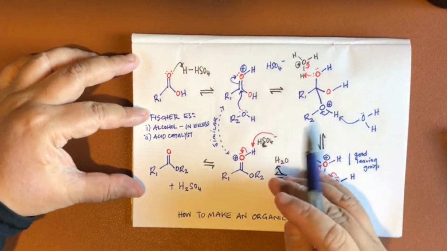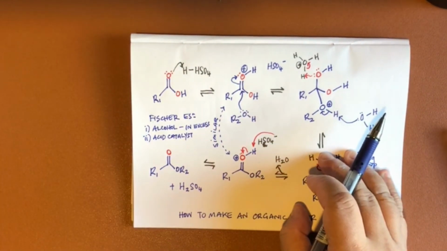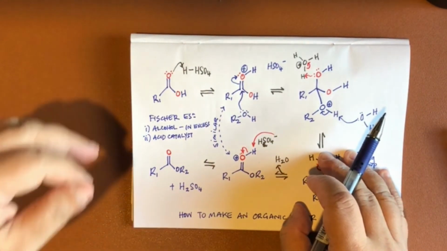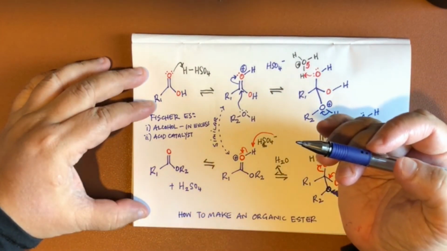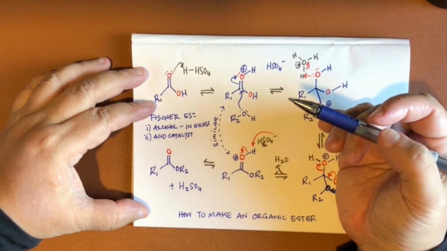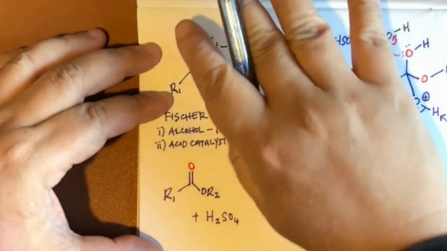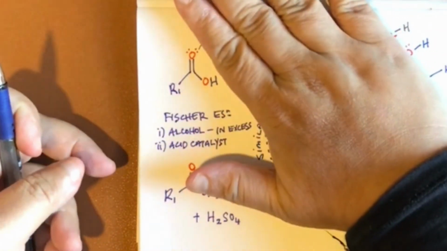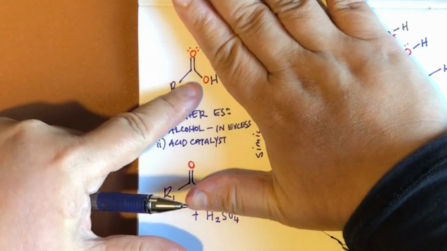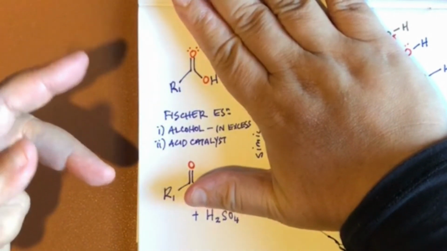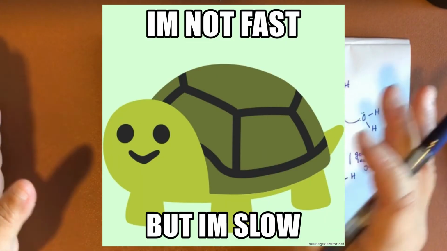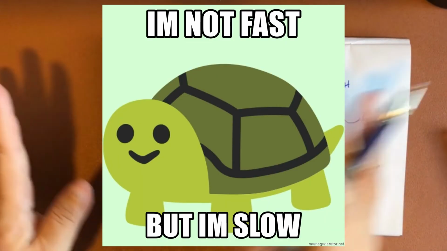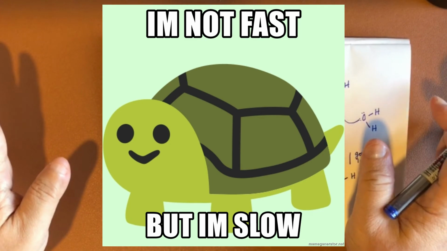It makes the reaction smoother and faster and reduces the activation energy, especially since if you only have the carboxylic acid with alcohol, the reaction will be very sluggish, a very, very slow reaction.